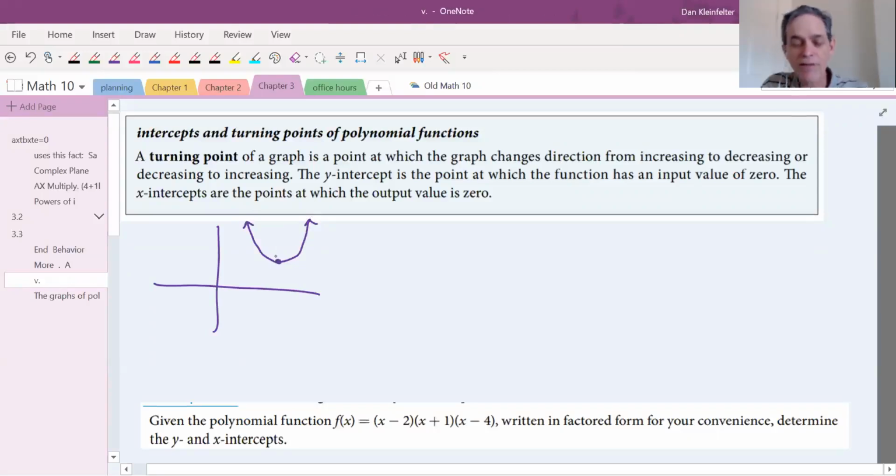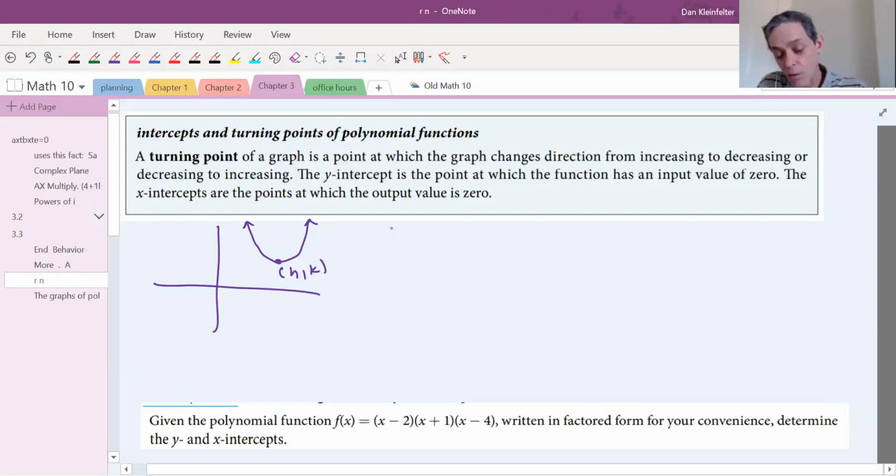Right? A quadratic function's graph is going to have a minimum at the vertex, like as shown here. This one will have a minimum at the vertex, as we've discussed. The graph changes from decreasing to increasing right at the point (h, k). Okay, that's going to be a turning point for the function.